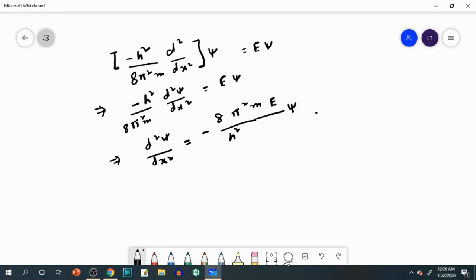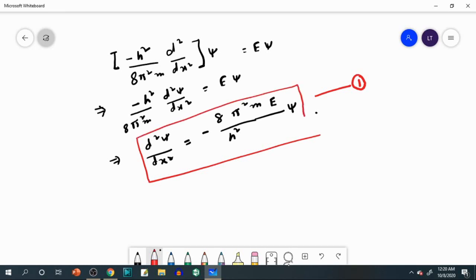So you see, the Schrodinger equation has been reduced to this form. This form is called the Schrodinger equation for the particle in one dimension.